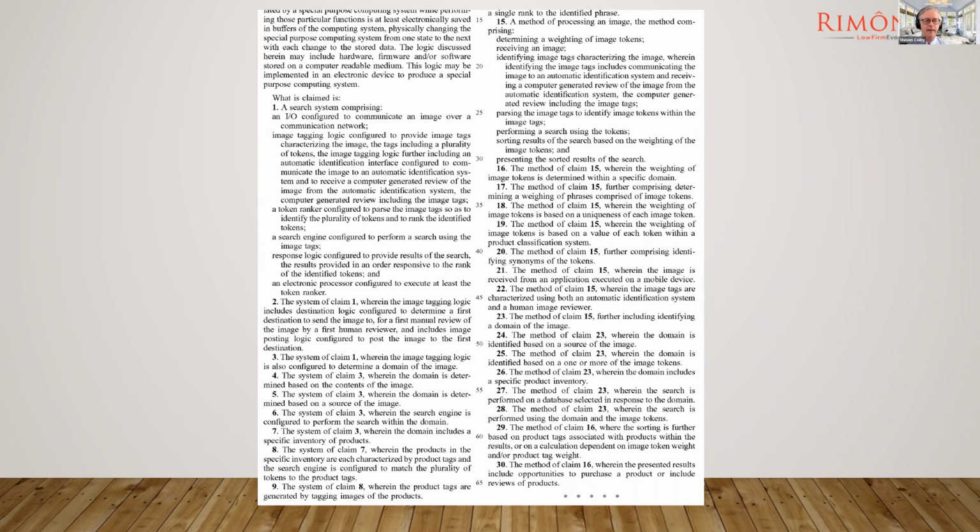Yeah. And then I drill down into the details of every word in that paragraph there about image tagging logic. If there's something in that paragraph that the product you're looking at doesn't have or doesn't do or isn't inherent to it, then the claim is probably not infringed, okay?